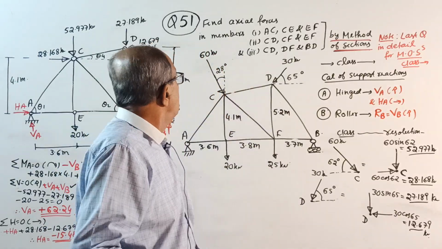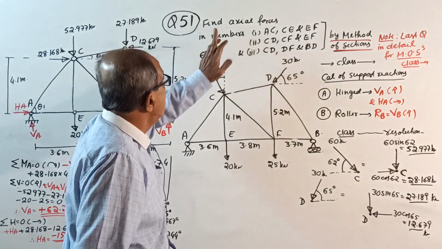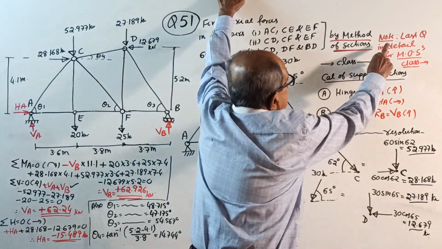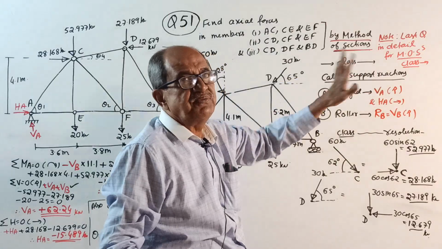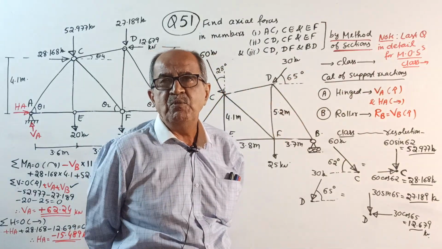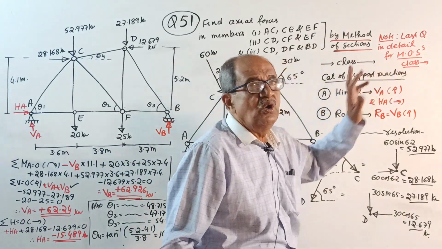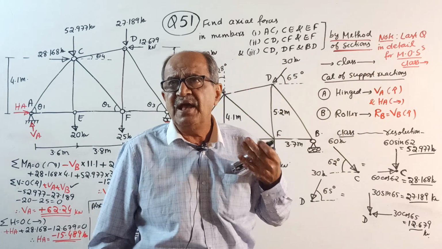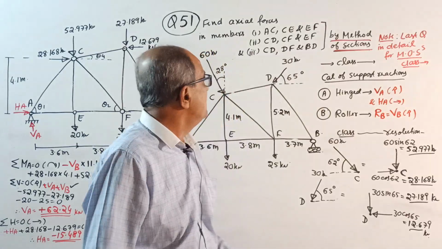See, today question number 51. Note, this is the last question in detail for method of section. That's all. I am going to stop method of section today. Next class onwards, marathon exercises. Small questions, easy questions, everything.